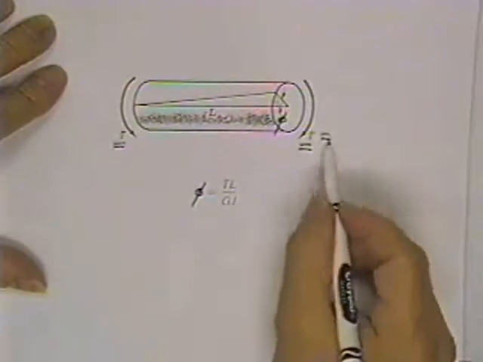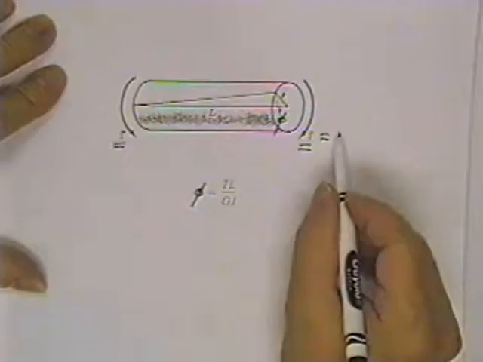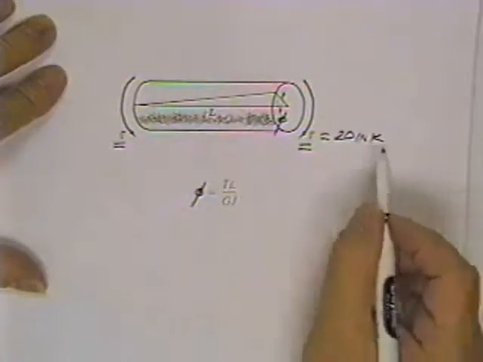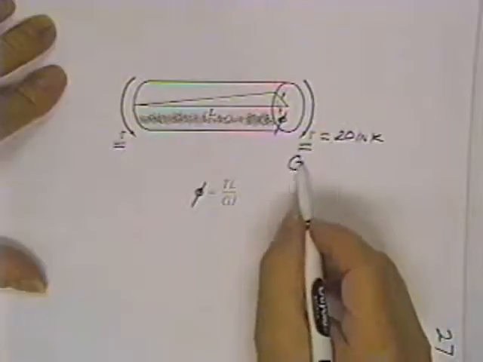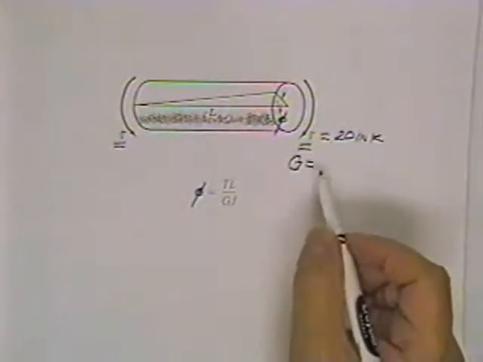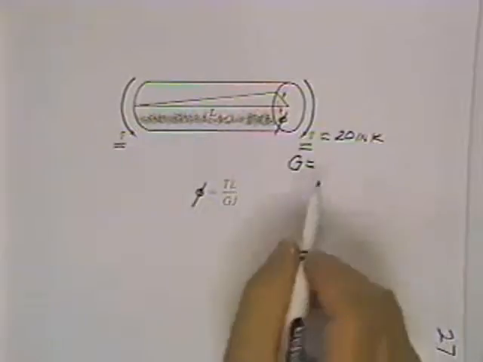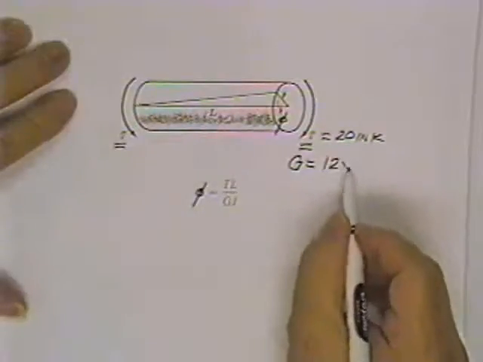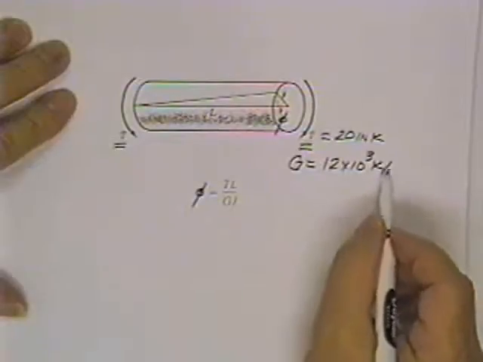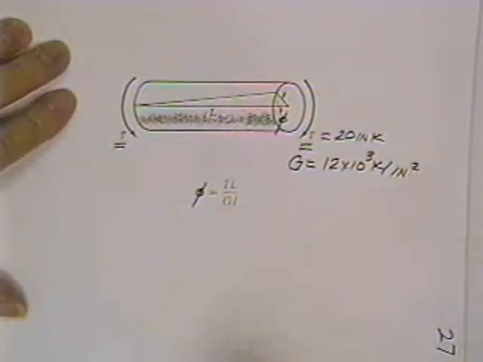So for example, if the torque was 20-inch kips, if the material was steel, modulus of shear for steel 12 times 10 to the 3rd kips per square inch.